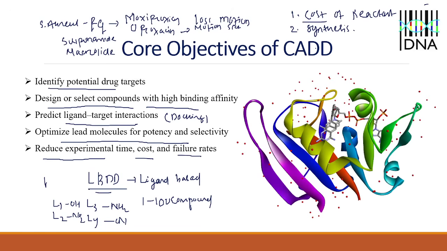So we cannot afford that. The synthesis problem is there, and there is no guarantee that we can synthesize those derivatives in the first attempt. We may have failure. So instead of doing all those things, we virtually prepare the drug molecules. We generate the 2D structure, then convert it into 3D, then perform the docking. I think this slide is clear to all of you.